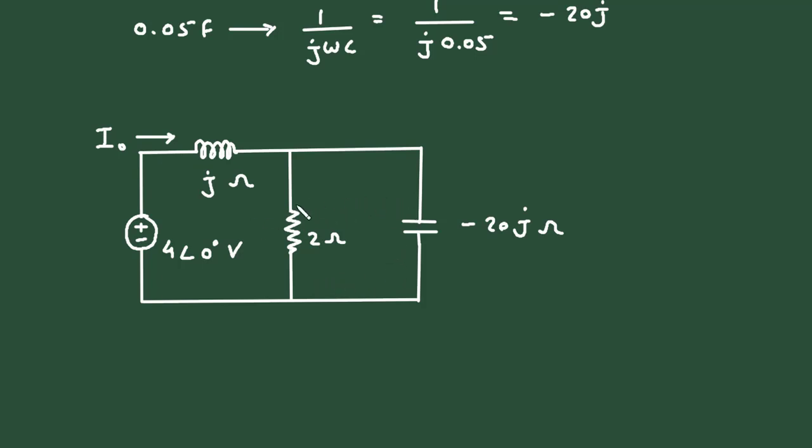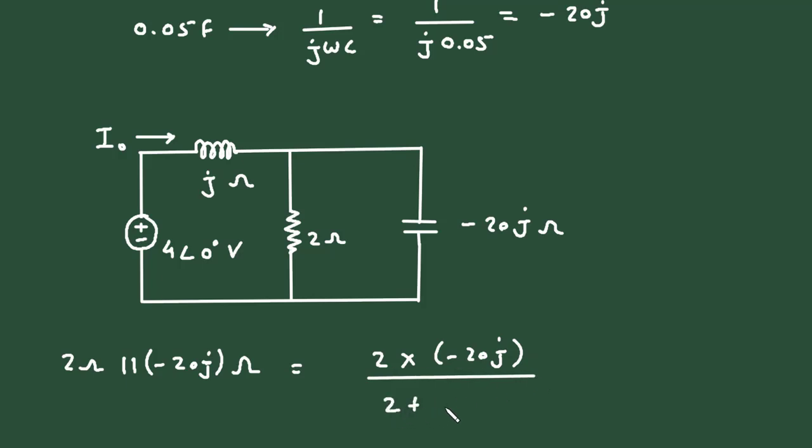Now we can find the impedance. So here we can see this 2 ohm and minus 20j ohm are connected in parallel. So 2 ohm parallel with minus 20j ohm is equal to 2 into minus 20j divided by 2 plus minus 20j. We can solve this in calculator directly.